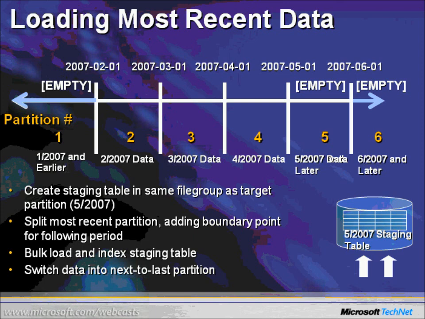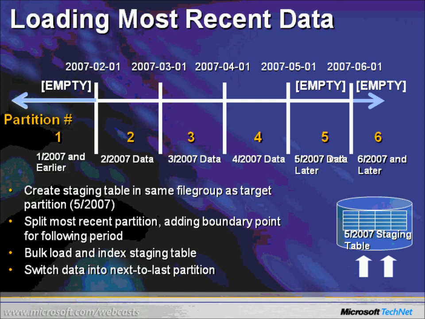What we do is create a staging table in the same file group as the target partition, which is number 5. Then we're going to split the most recent partition, adding a boundary point.